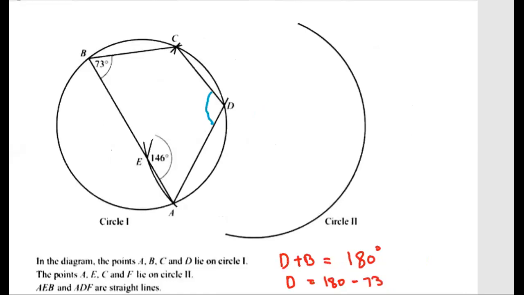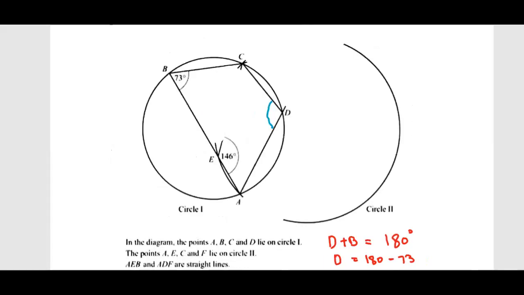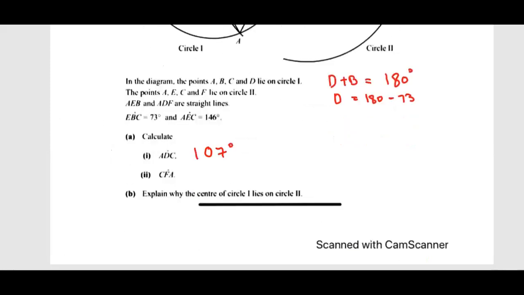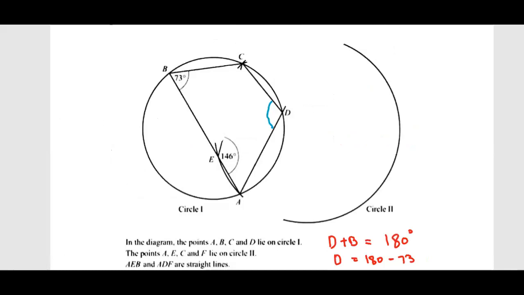That means that it is going to be how much, Saneem? 107. Very good. So it would be 107 degrees. Very well done. Now I will get the circle back and then we'll talk about the next part.